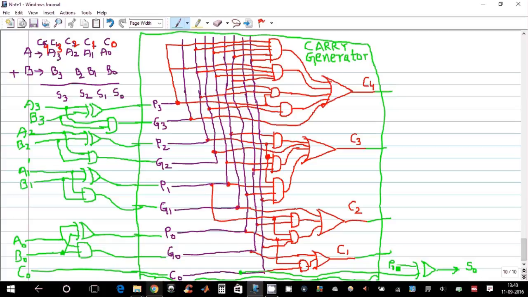This P0 is nothing but A0 XOR B0, so I can actually draw a wire here. It looks very clumsy, so I am assuming that P0 is available here. Similarly, my S1 will be the XOR of P1 with C1.